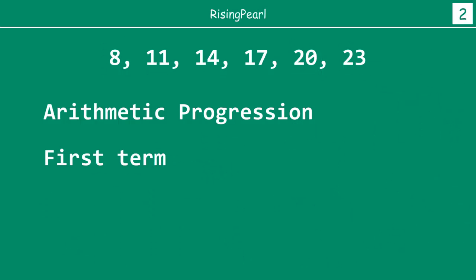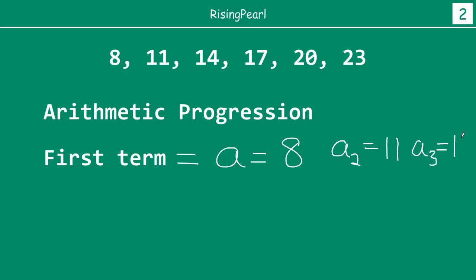Now, the first term we will write as A equal to 8, right? We just saw that A2 is 11, A3 is 14. And for right now, I want to pause here.